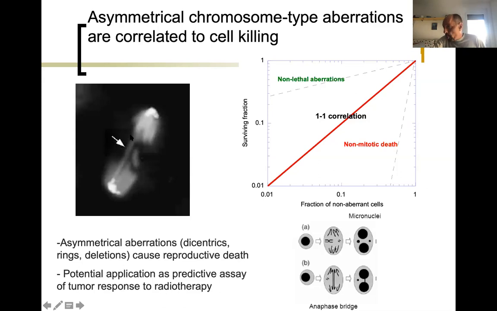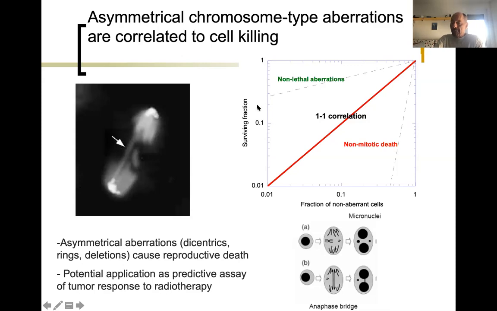This bridge can be broken, and then you enter the breakage-bridge fusion cycle that we have seen leads to genetic instability. But independently of that, you lose large acentric fragments. This also happens if you have a ring. Generally, the loss of this large acentric fragment is incompatible with life, so this cell will die.